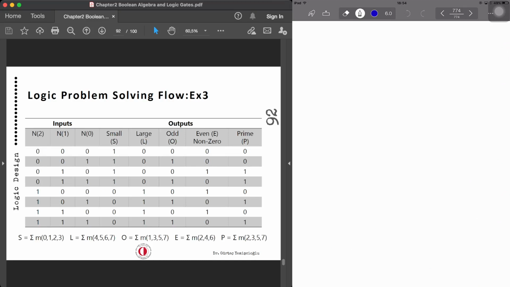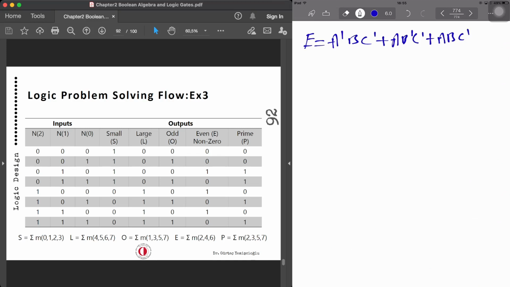For the even, we just have 2, 4, 6, and I'll just do even, but you can do the other ones as well if you want. 2 is A prime, B, C prime, or 4 is A, B prime, C prime, or 6 is A, B, C prime.